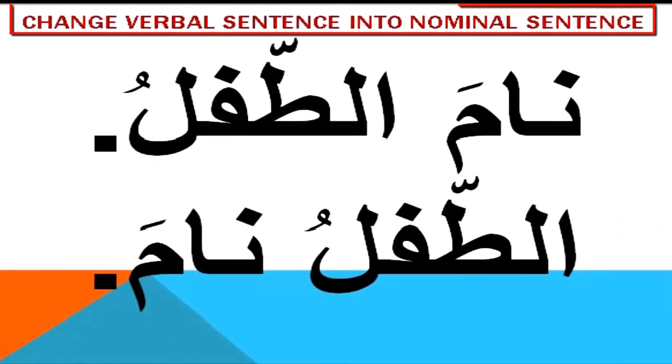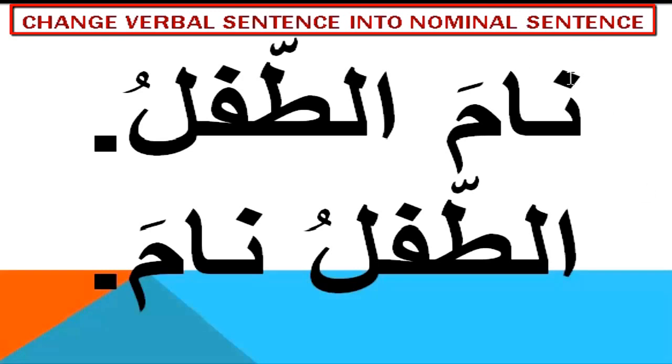Now, how do we change a verbal sentence into a nominal sentence? Here we have نام الطفل. It starts with a verb, so it is a verbal sentence. To change it into a nominal sentence, to start with a noun, it's very easy. The subject, الطفل, just put it in front of the verb and it becomes a nominal sentence. نام الطفل becomes الطفل نام.